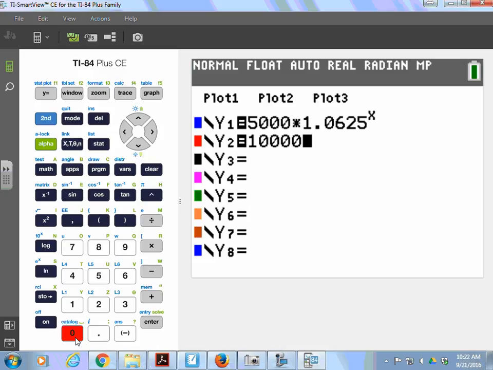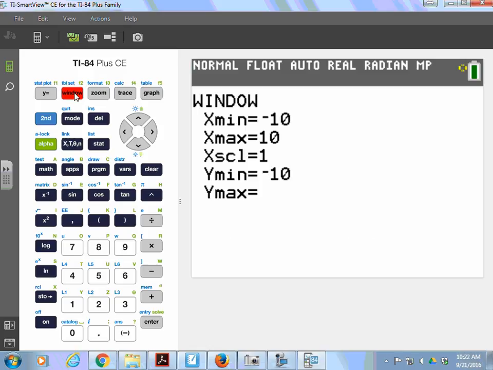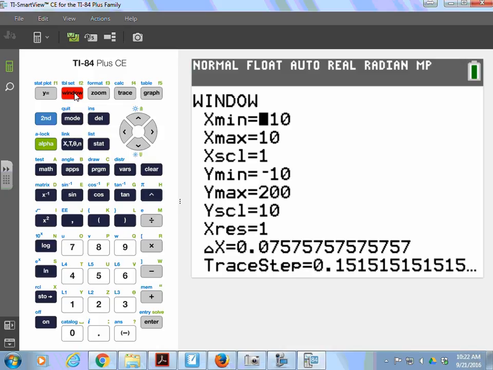So the first thing we need to do then is to what? Because if I graph it right now, I don't see anything. Okay, we've got to change our window. All right. So the first thing we've got to do for sure is change our y max.